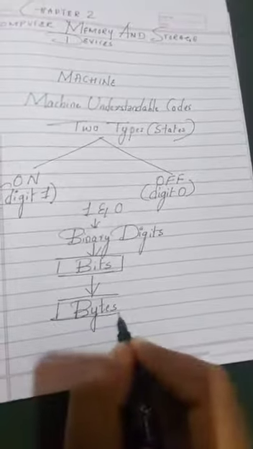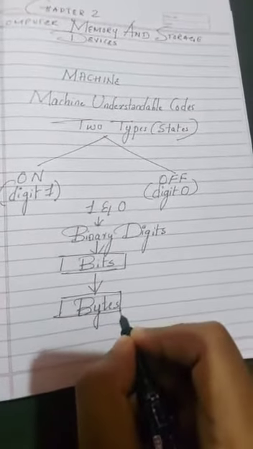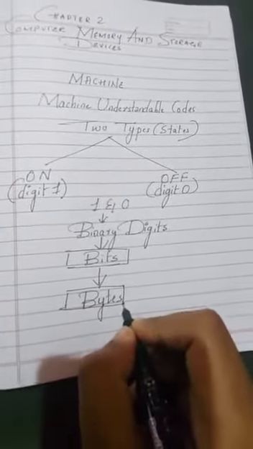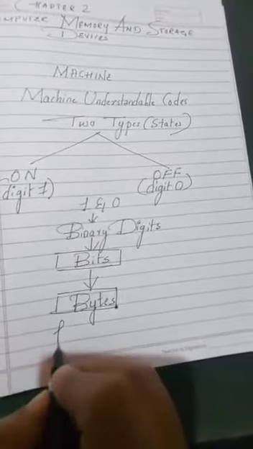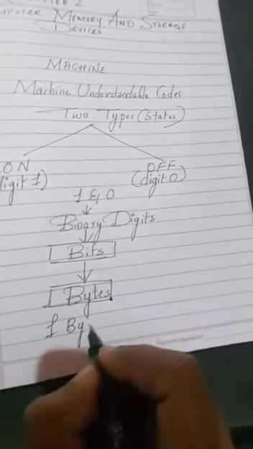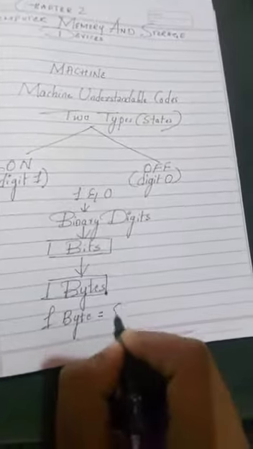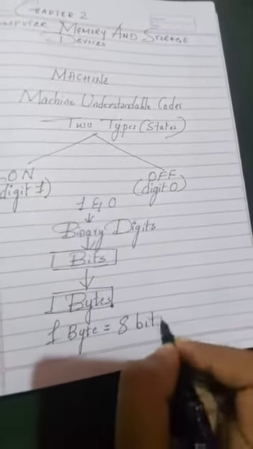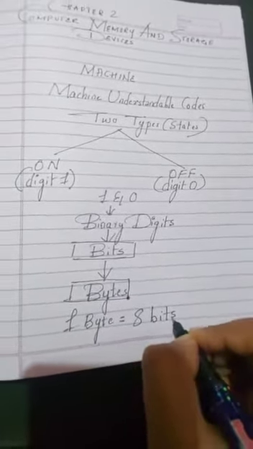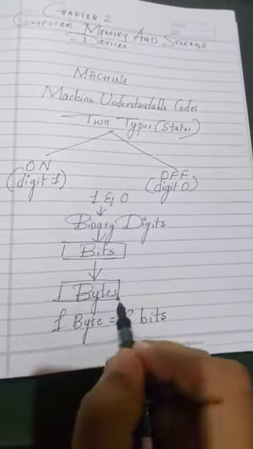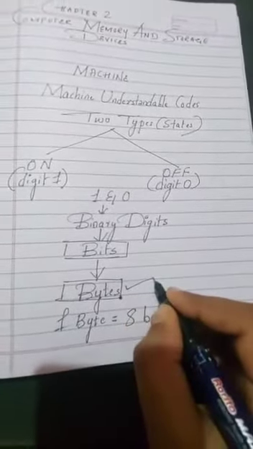How will it be measured? In bytes. That means 1 byte will be equal to 8 bits. So it will be in the form of what? Bytes.